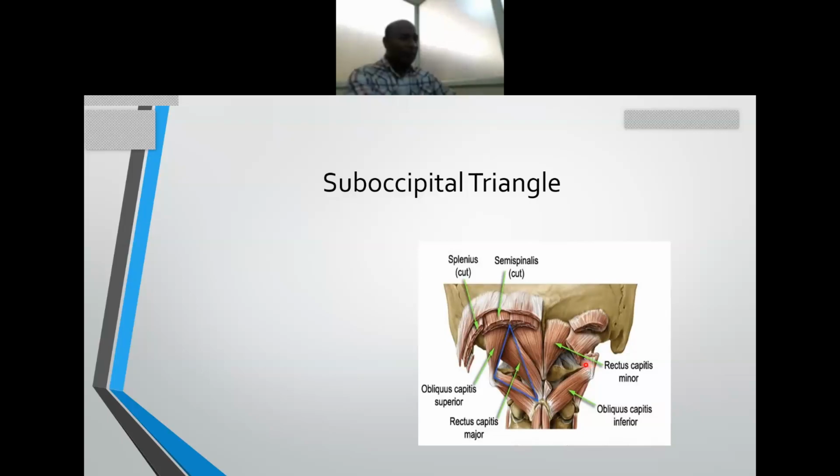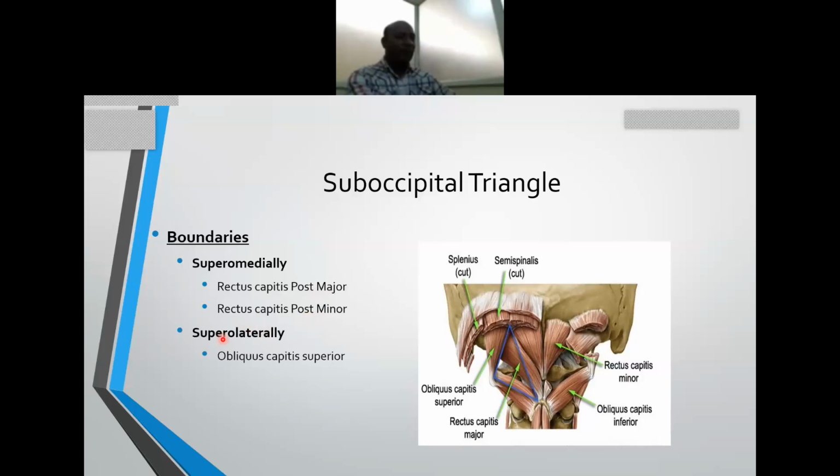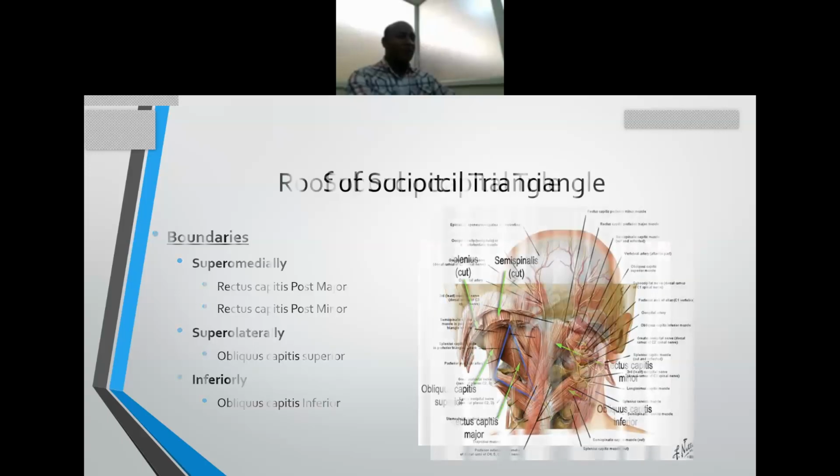If you can see, that is the posterior arch of the atlas, and attaching from the posterior arch of the atlas there is a white fibrous tissue membrane which is called the posterior atlanto-occipital membrane, which forms the floor of the suboccipital triangle. So superomedially, rectus capitis posterior major forms the boundary. Superolaterally, obliquus capitis superior, and inferiorly, obliquus capitis inferior muscle.